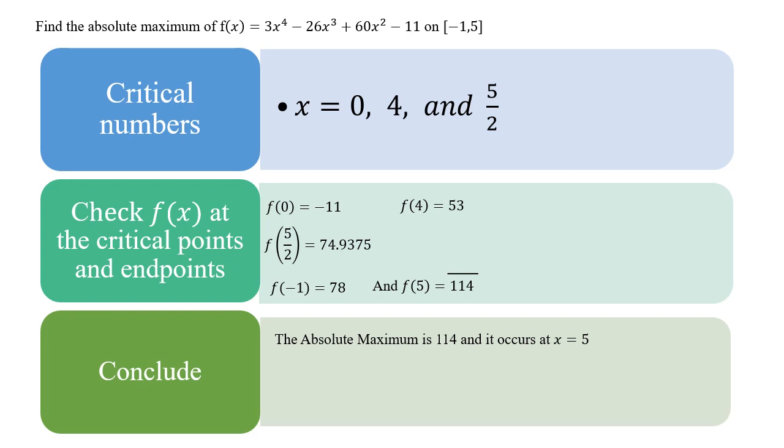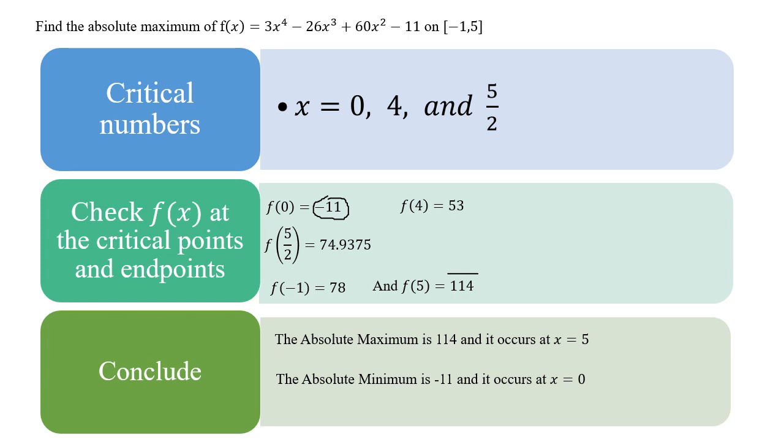If I had asked for the absolute minimum, well, the lowest value of the function is -11. So that would be your absolute minimum, and it happens when x equals 0. So you see here the absolute max is at the end of the interval, but the absolute minimum happens at one of the critical points.